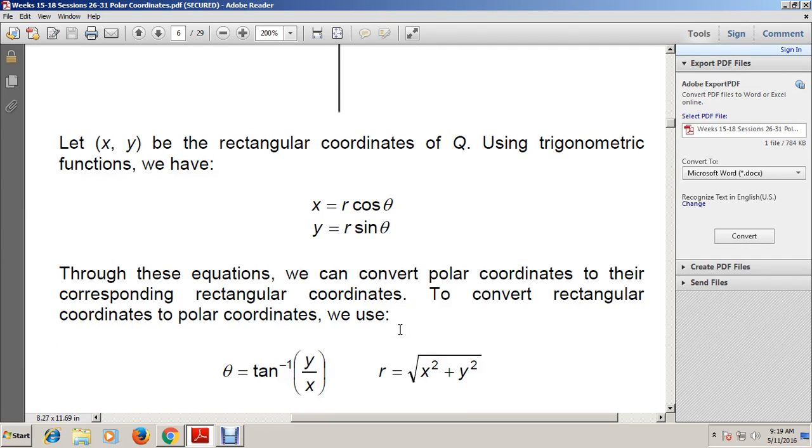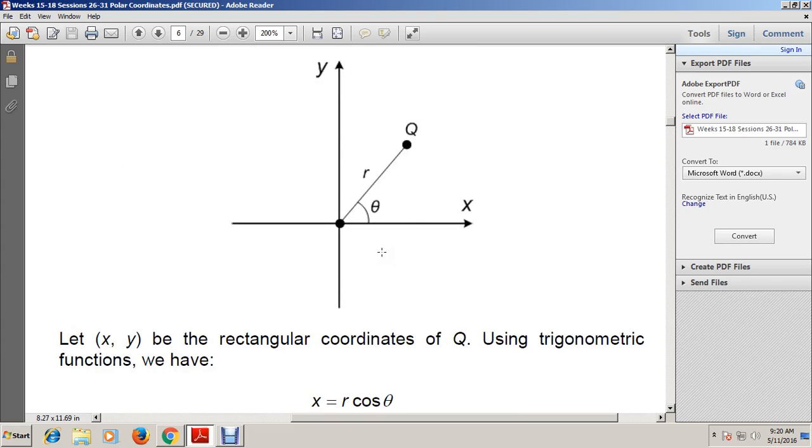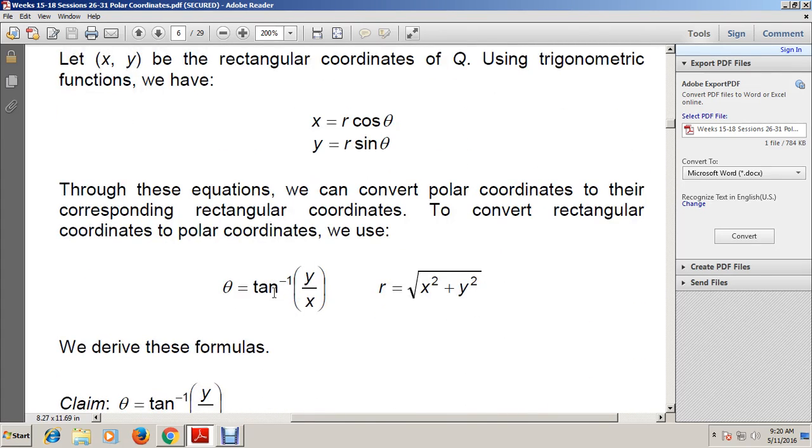To convert rectangular coordinates to polar coordinates, we make use of the inverse tangent, or arctangent. Remember, in our right triangle, tangent theta is defined as the opposite side over the adjacent side, so that would be y divided by x. If we take the arctangent to solve for theta, that would be theta equals arctangent of y divided by x.